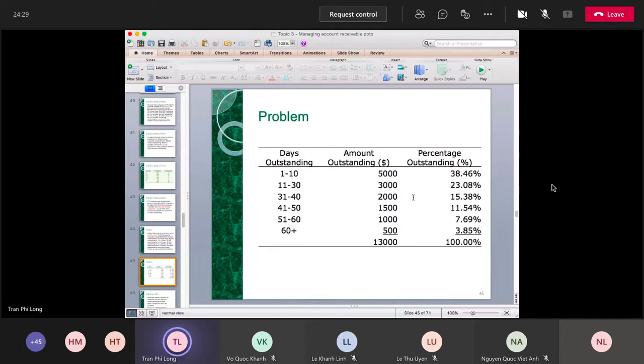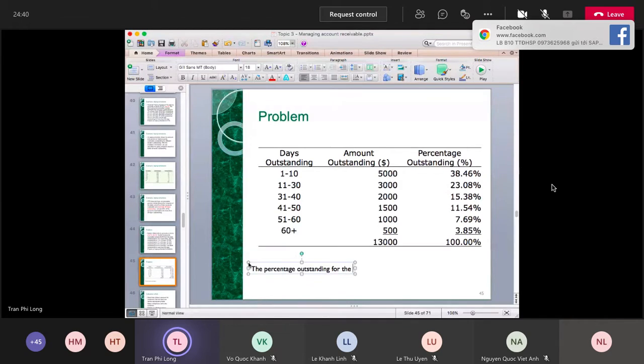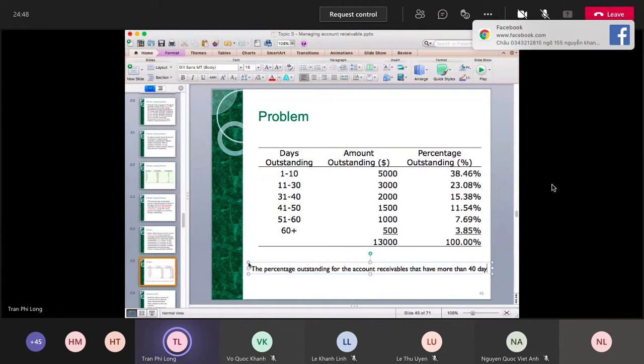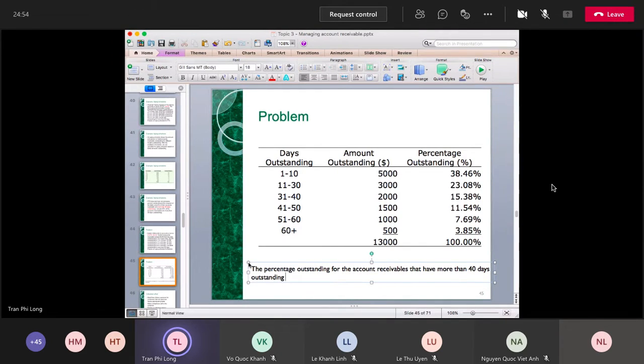And then you can see that the percentage outstanding for the account receivable that have more than 40 days outstanding is how much? 11.40% plus this one plus this one, and it must be around maybe 25%.